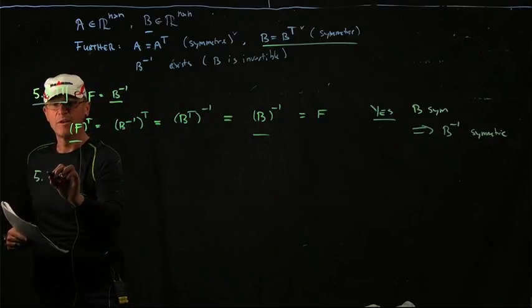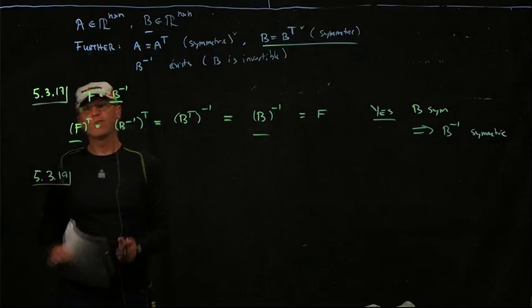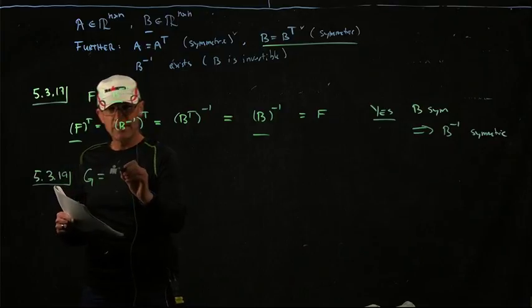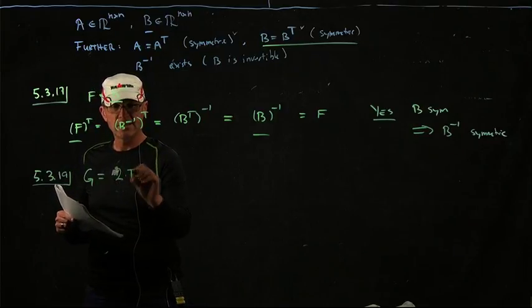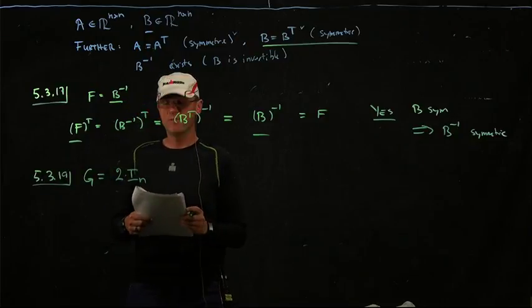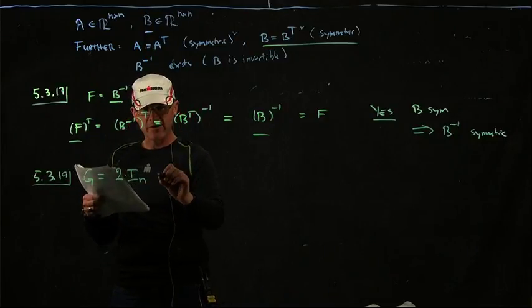Then we have 5, 3, 19. We are forming a matrix, call it G, which is 2 times identity of the appropriate size. So use an n by n matrix with ones on the diagonal.